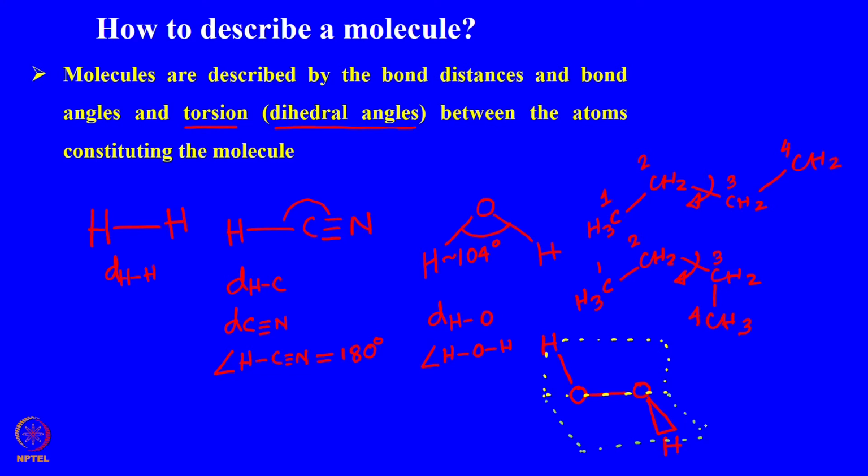The angle between these two planes is the dihedral angle in this molecule, that is, the angle about this O-O bond. When a molecule has more bonds, you have more bond angles and more torsion angles. So, to describe a molecule, one has to know all the possible bond lengths, bond angles and torsion angles.